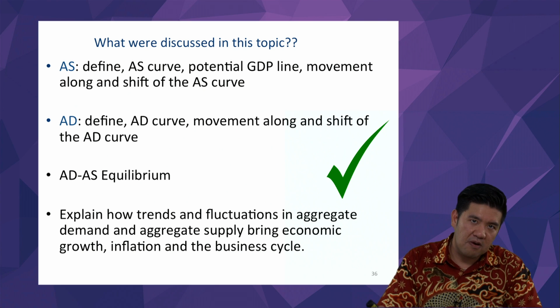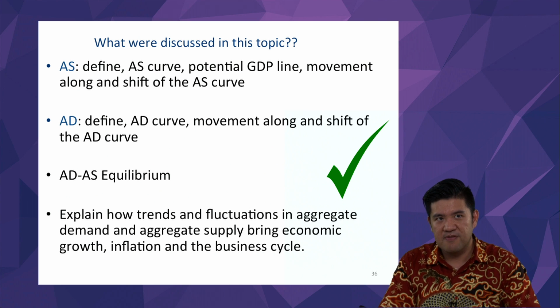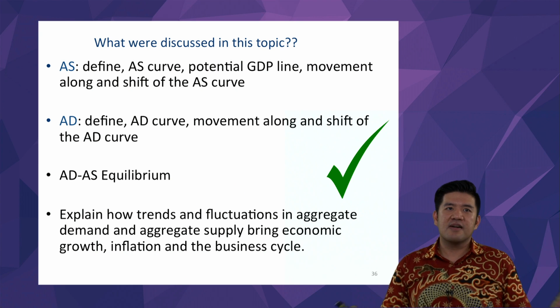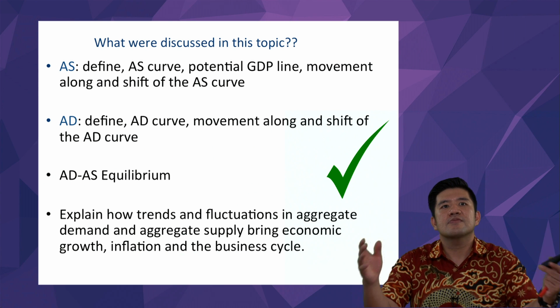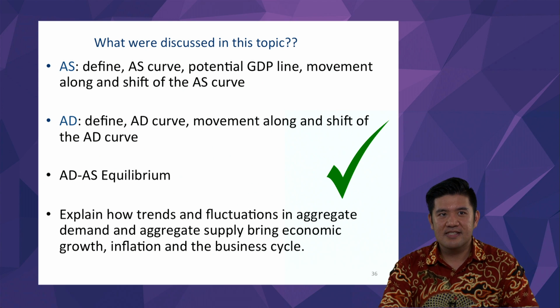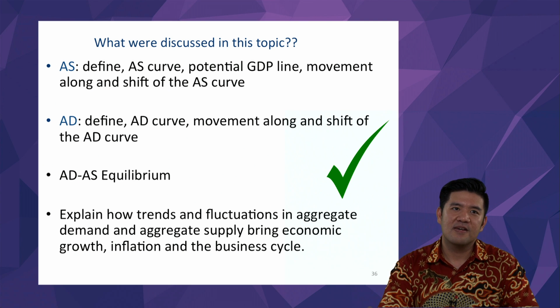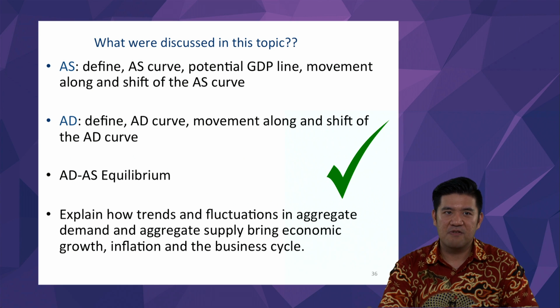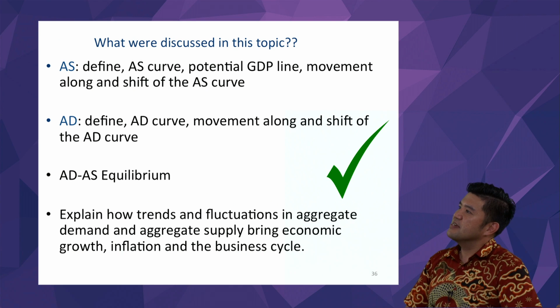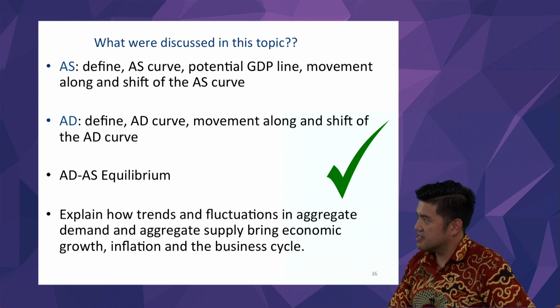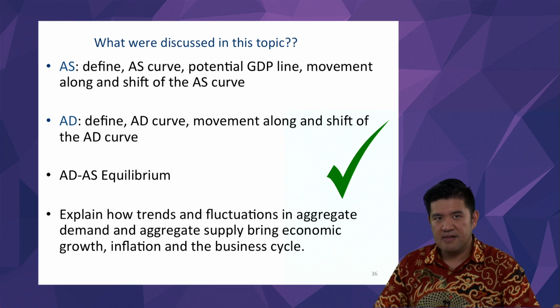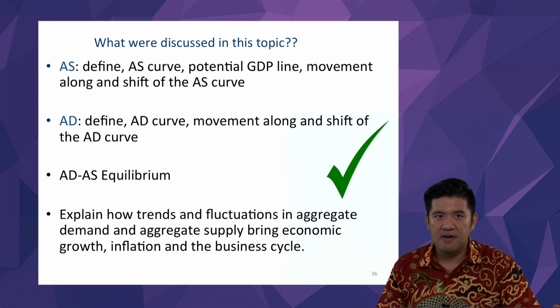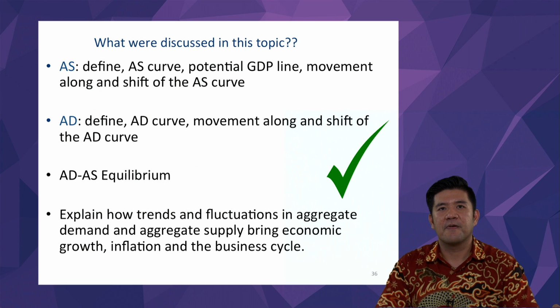Then we talked about what causes the movement along, what causes the shift of the AD curve. Then we brought the two forces together, AD-AS equilibrium. Last but not least, we have been able to utilize the ADAS model to explain how trends and fluctuations in aggregate demand and aggregate supply bring about economic growth, bring about inflation, bring about the business cycle.